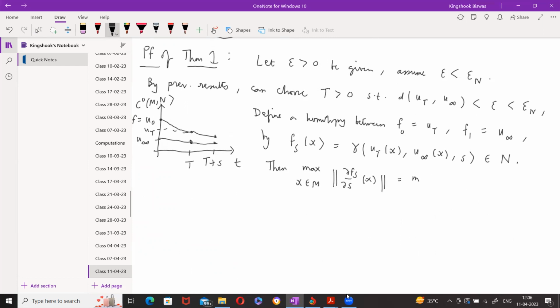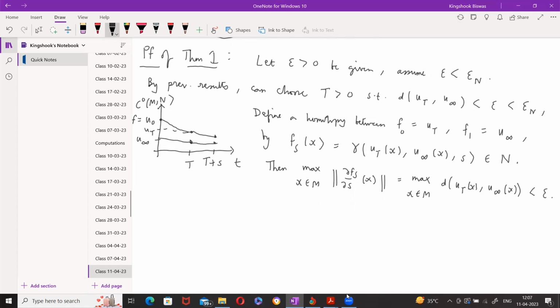This speed, as we just saw, since it's a geodesic defined on the interval [0,1], the speed is just the distance between the starting and ending point, u_T(x) and u infinity(x). Okay. So this is by hypothesis less than epsilon, right? Yes, sir.